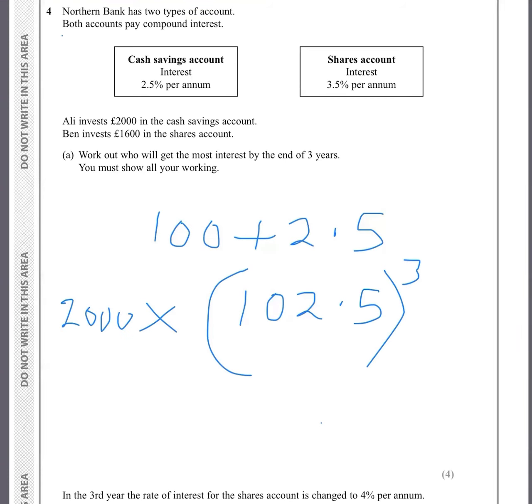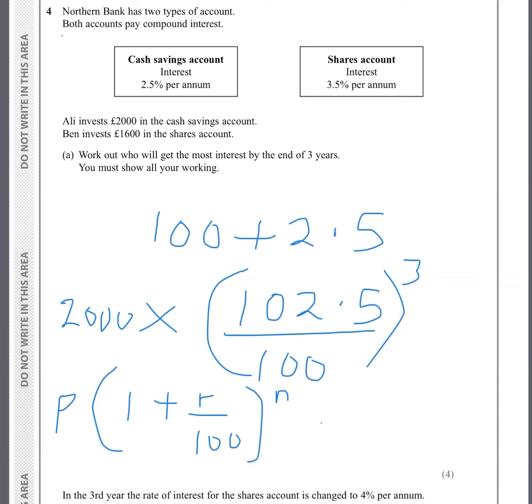Now, lovely attempt. I'll just make a little bit of a correction. What you did here is good. All you need to add to it is to divide this by 100. Because in the formula we have the principal multiplied by 1 plus the rate over 100, to the power of n, where this P stands for the amount you put into the account, which in this case is 2,000.